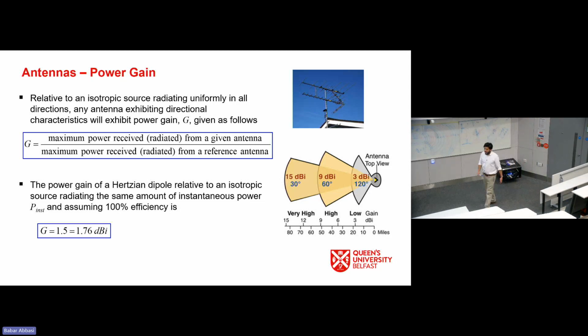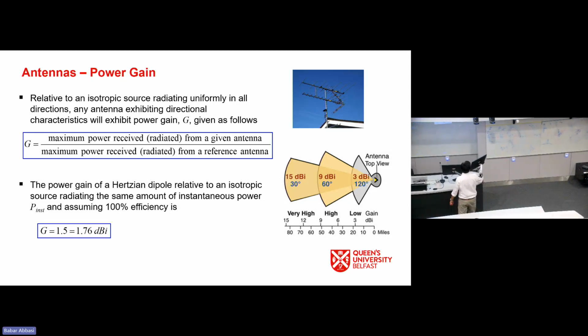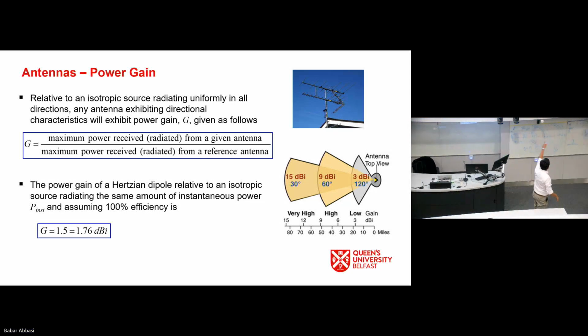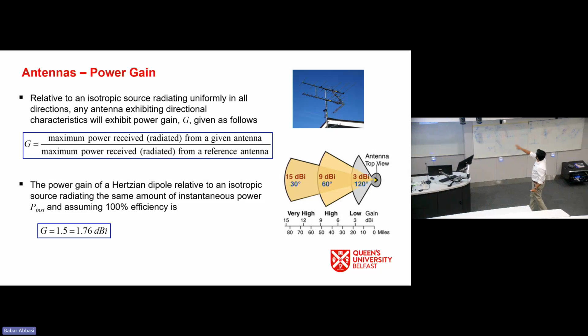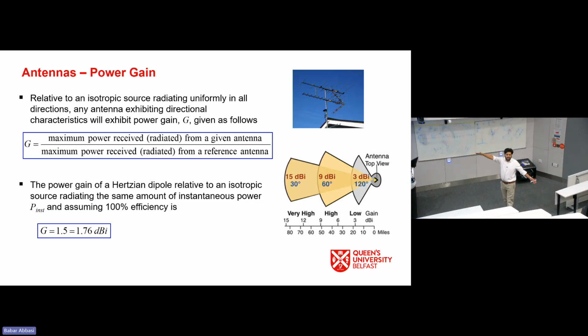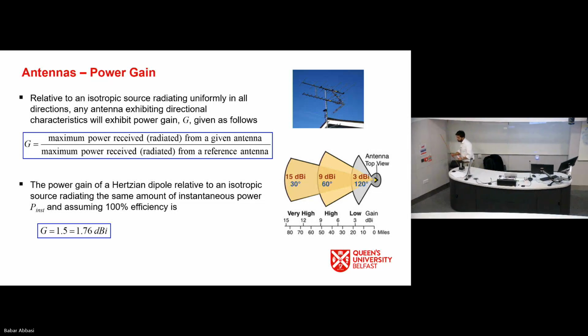So why do we need gain? Why are we considering gain? In this chart, you can see, imagine I have gain on one scale and distance on another scale, and the overall area that the antenna is providing coverage in. Consider this: we have a stick.